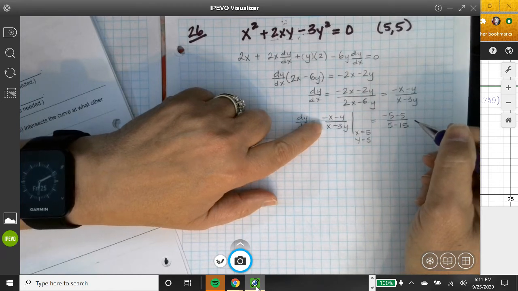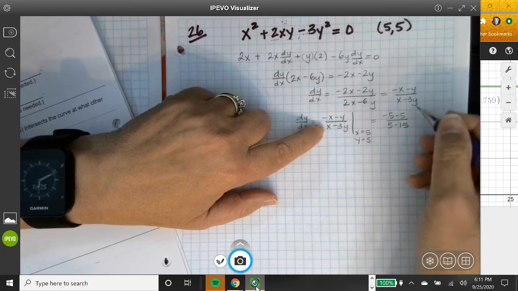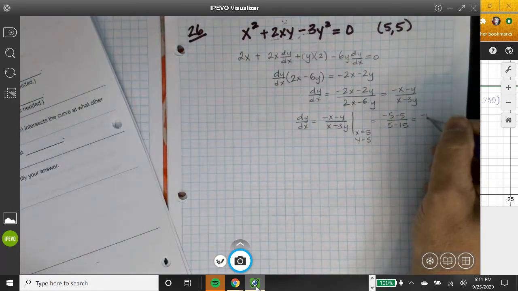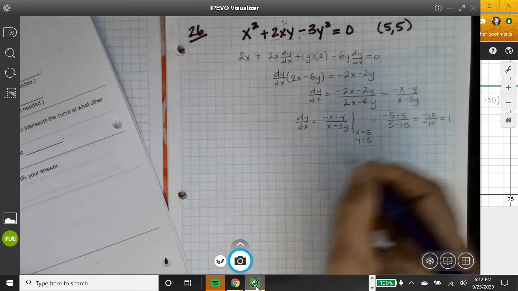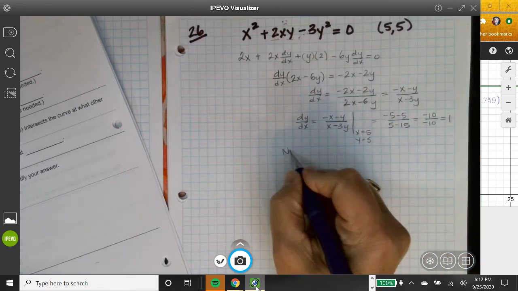Okay, so we get negative 10 over negative 10. So the slope is 1. So if the slope is 1, this is the slope of the tangent line.